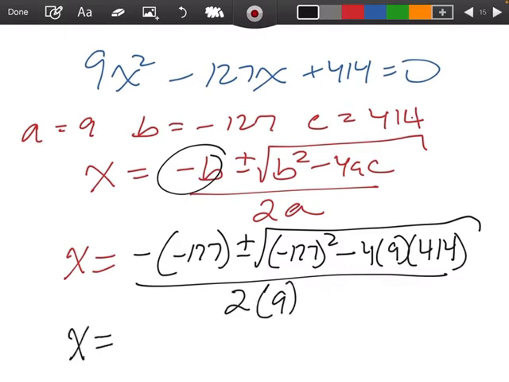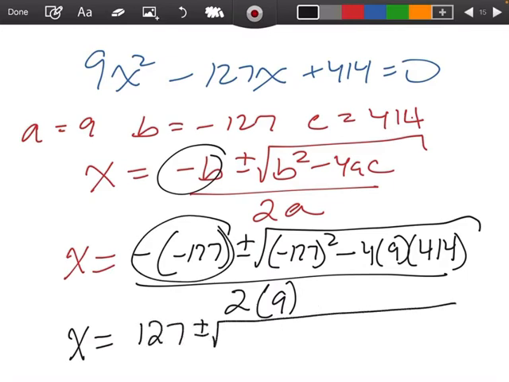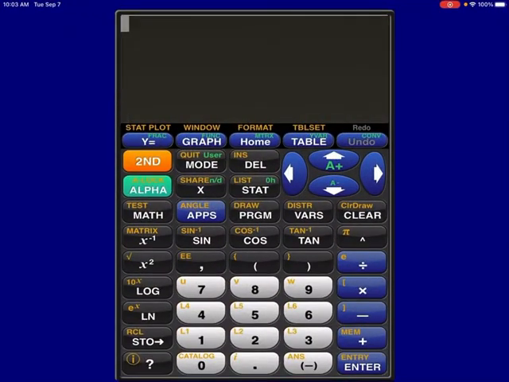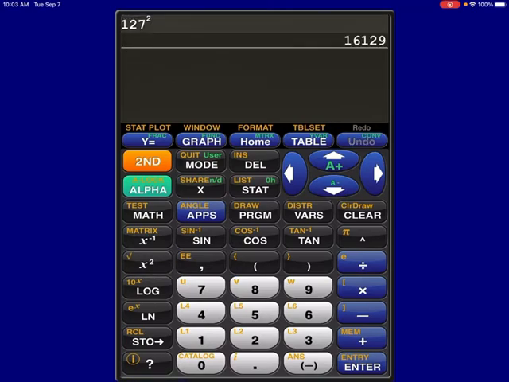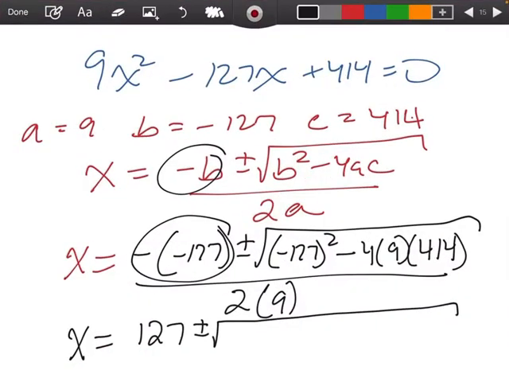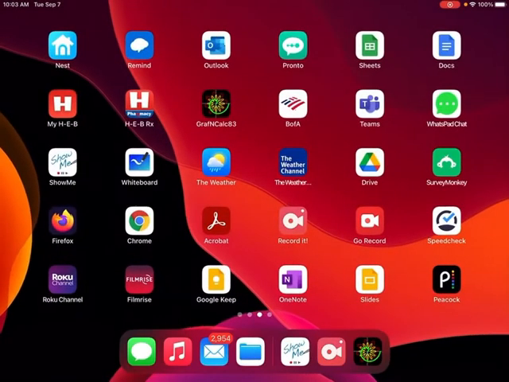Okay. So negative of negative 127 is a positive 127 plus or minus the big square root. Let me take my calculator here. 127 squared is 16,129.